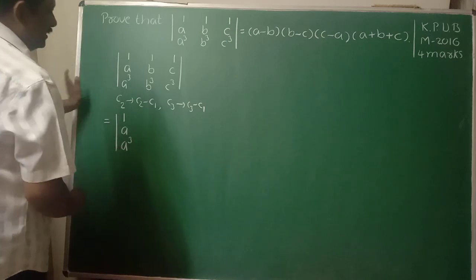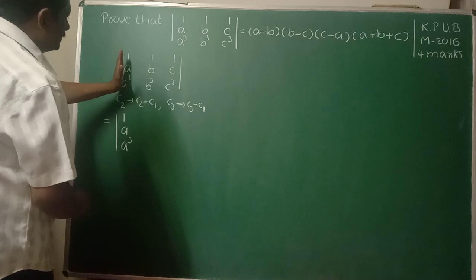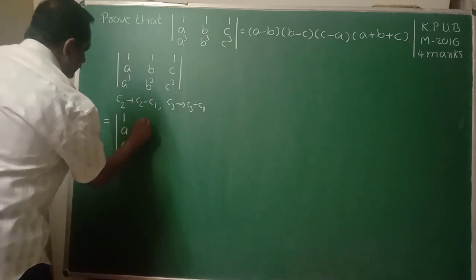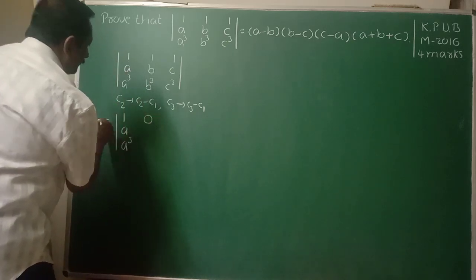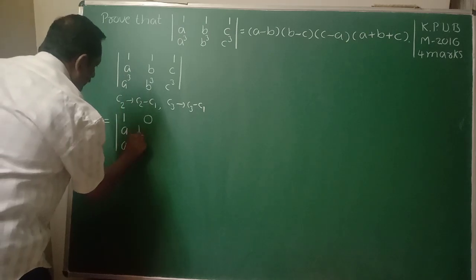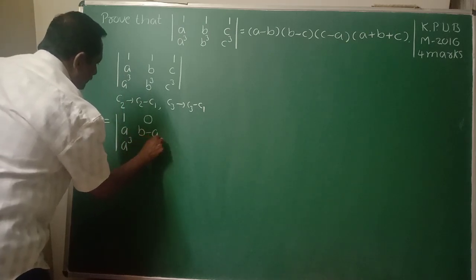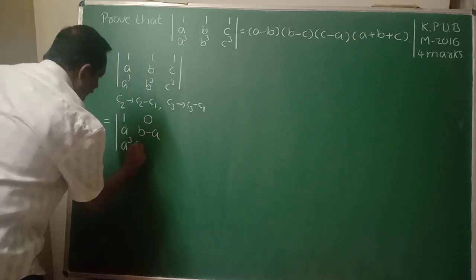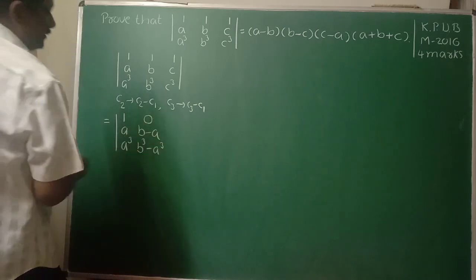Then second column minus first column: 1 minus 1 is 0, then b minus a, then b cube minus a cube.